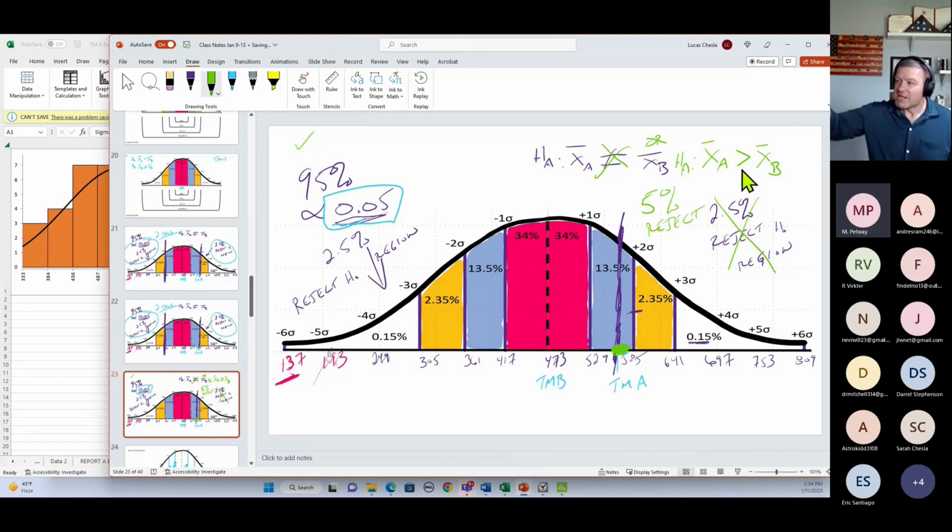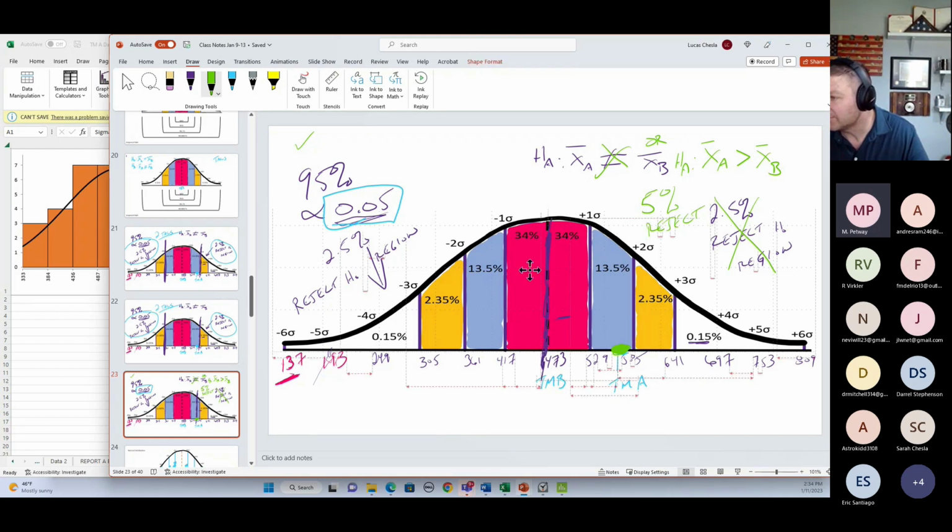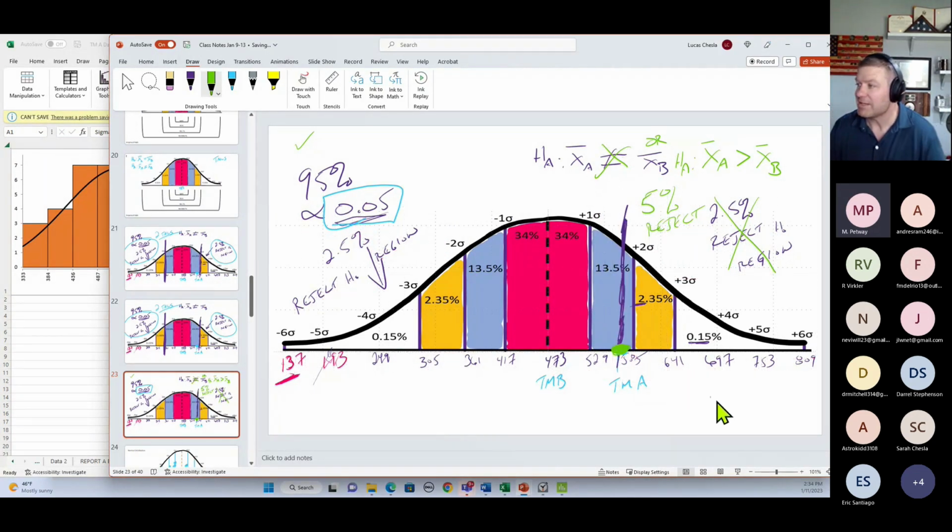So asking the question, is team A statistically, or is it significantly higher than team B? That means that is it that extreme or more? And that means all 5% of my rejection region is up on that upper side. Just like it would be the complete opposite if I were to ask, is it lower than? Well, then all of my rejection region would be over here. So the reason this matters in how we frame it, if we go, is it equal to or not equal to?